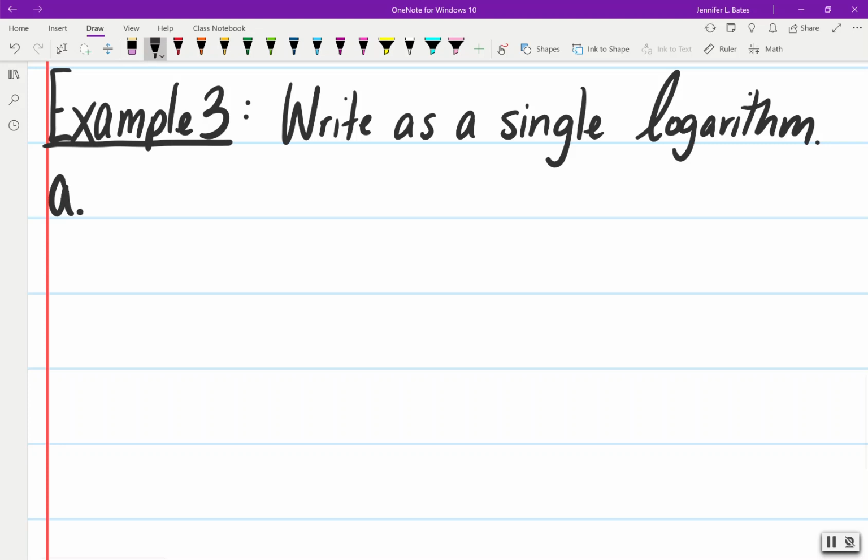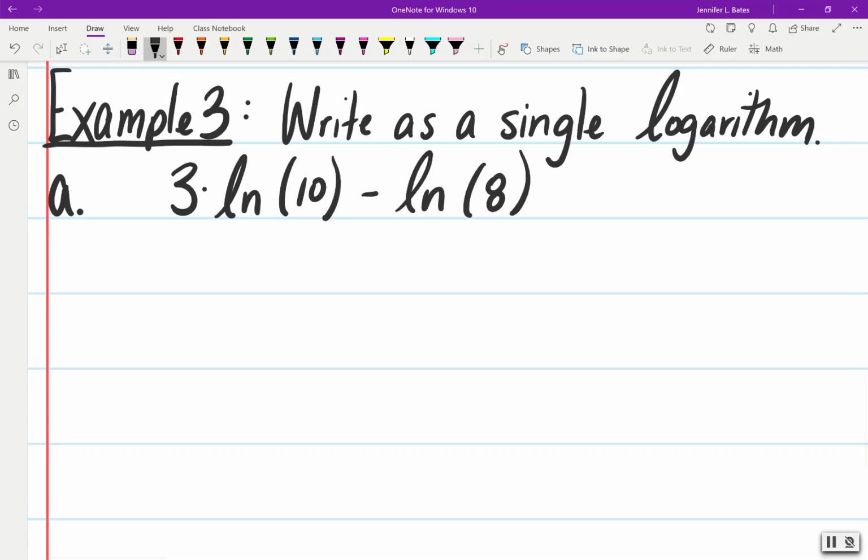So here in problem A, we are given 3 times the natural log of 10 minus the natural log of 8. And we're using the same log properties that are up on the whiteboard that we've been using since 8.5.